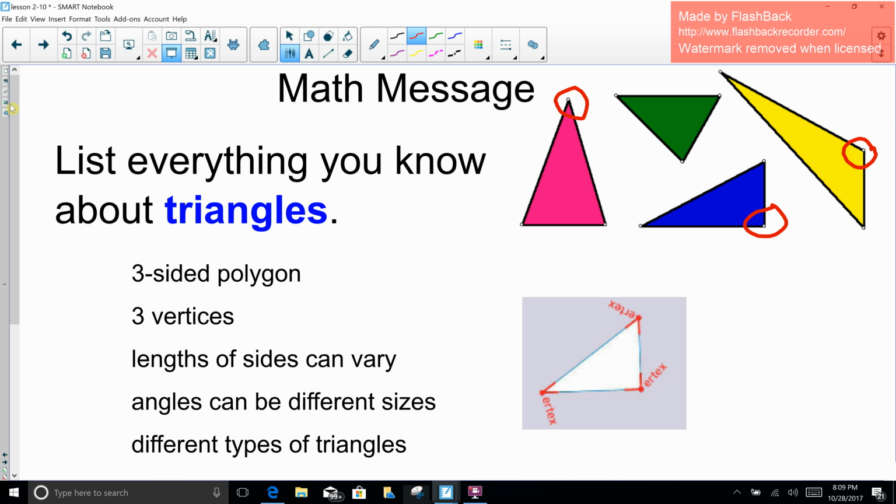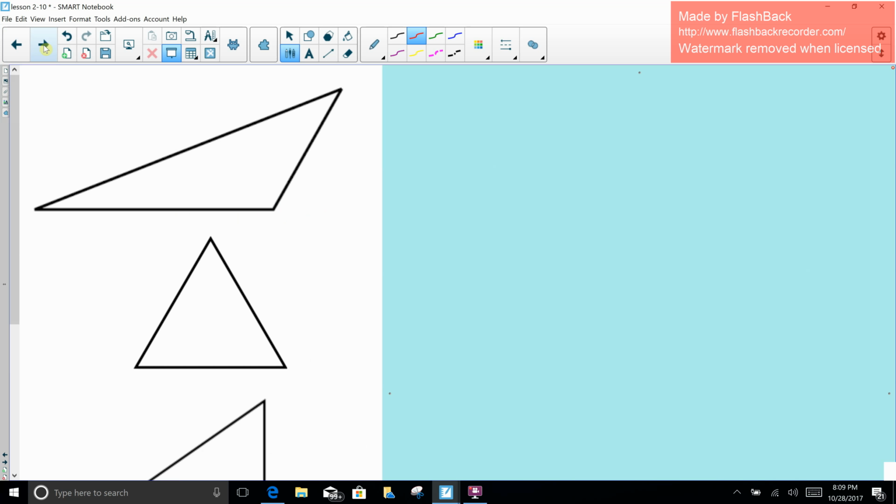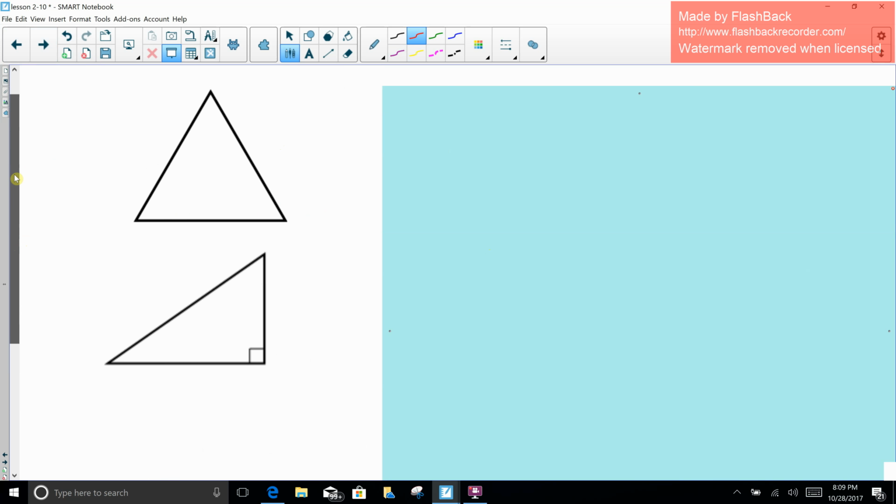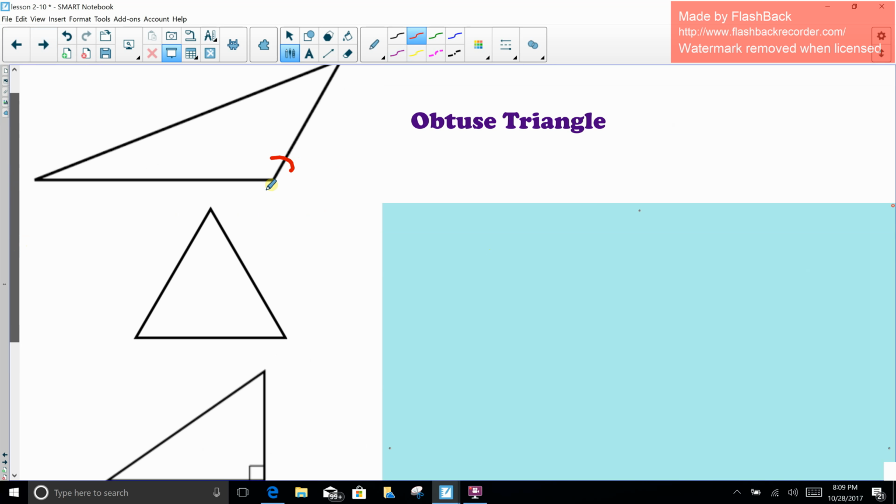So, let's talk about classifying triangles based on their angles. This first triangle is an obtuse triangle. Our obtuse triangle has an obtuse angle. So what is this next triangle called?